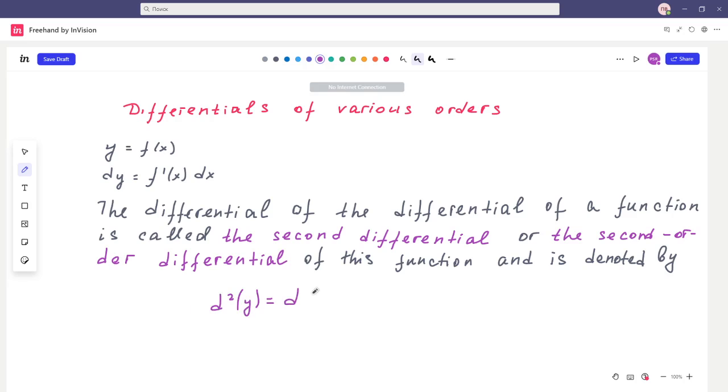It is the differential of the function dy.